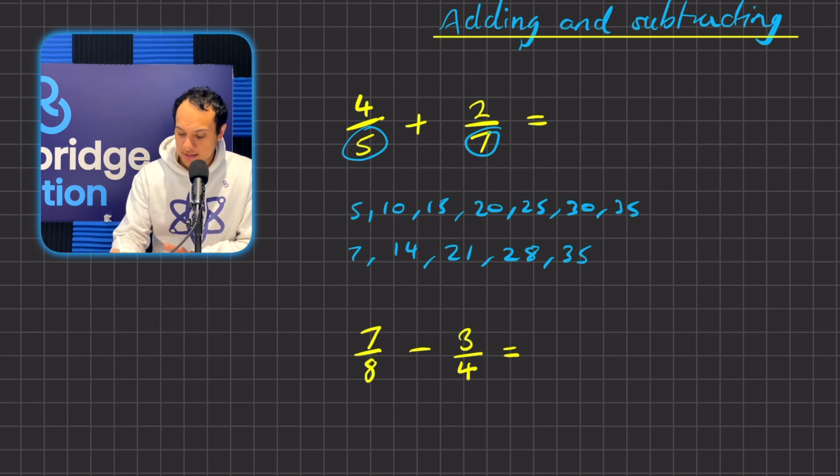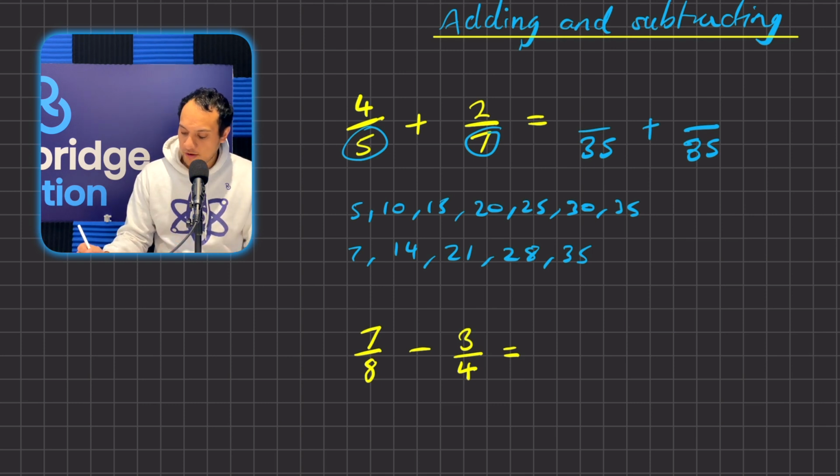Okay, so 35 needs to go at the bottom of our fraction. So we're going to rewrite this sum with 35s at the bottom. So we've got 35, we've got 35. And then we're going to find equivalent fractions for 4 over 5. How do I get from 5 to 35? Well, I times by 7. So I have to do 4 times 7. 4 times 7 is 28. And we're going to look at the other fraction now. So how do I get from 7 to 35?